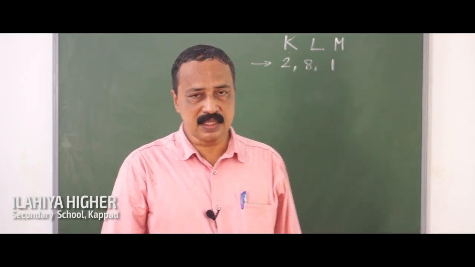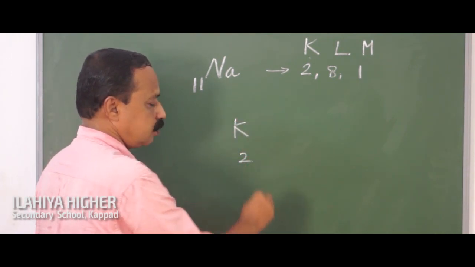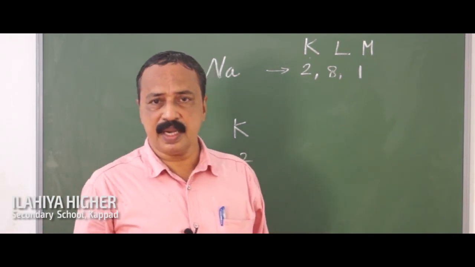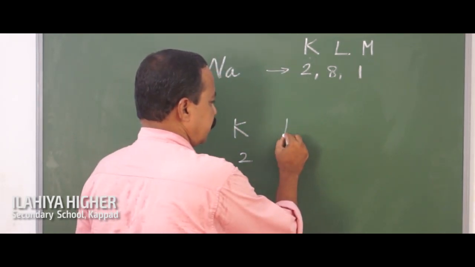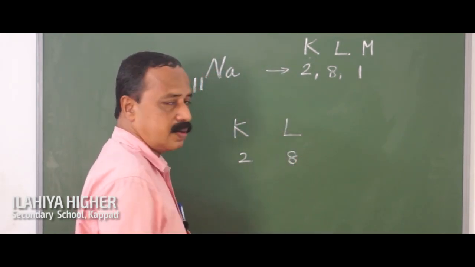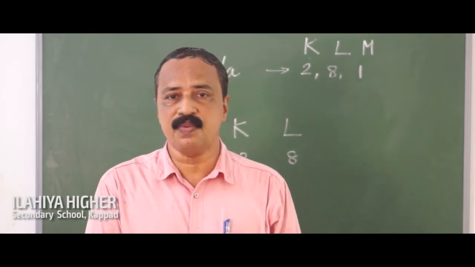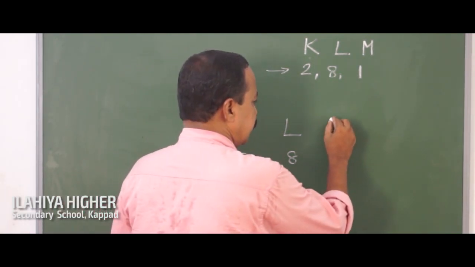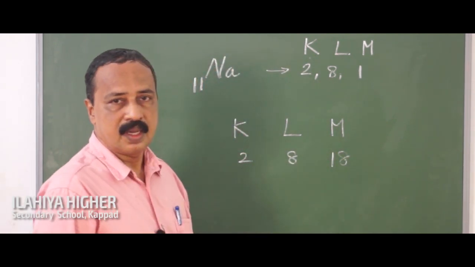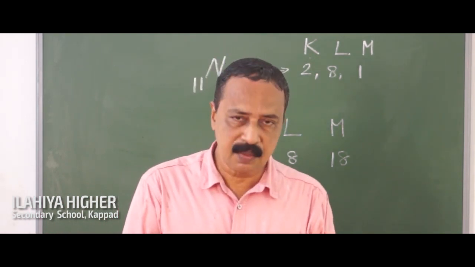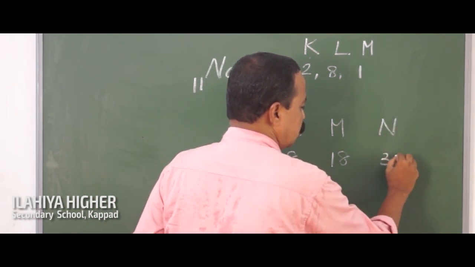The maximum number of electrons possible in the K shell is 2, in the L shell is 8, in the M shell is 18, and in the N shell is 32.